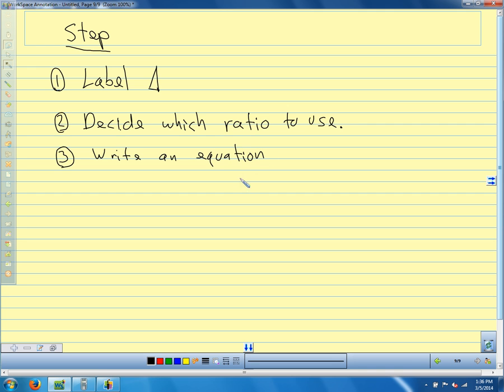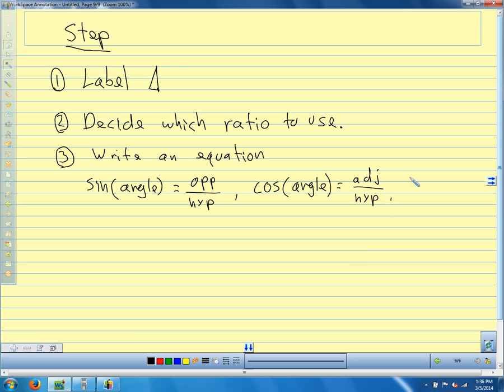And our equation is going to look like one of these three. The sine of the angle. The problem is going to give us an angle. And the sine of the angle is the opposite over the hypotenuse. If we know the adjacent and the hypotenuse, we're going to write the cosine of the angle is the adjacent over the hypotenuse.